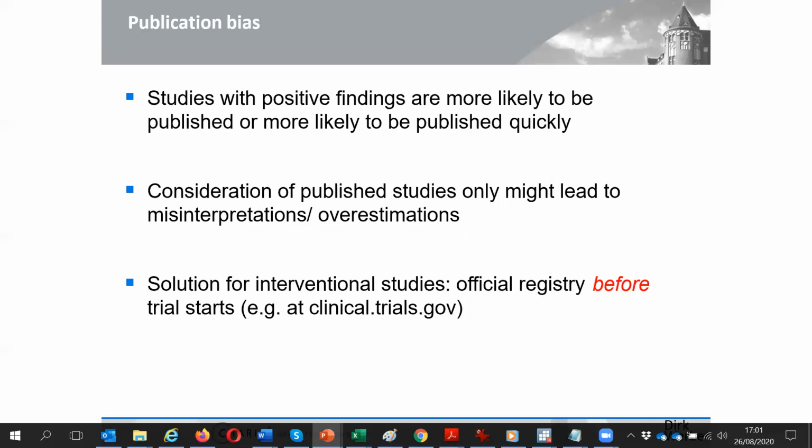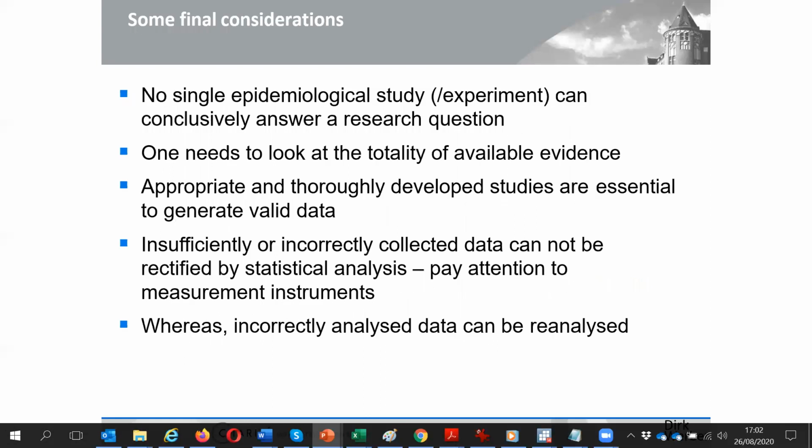So if you only consider studies which are published, this might lead to misinterpretations or overestimation. That's why in most cases, when you're doing a meta-analysis or a systematic review, you need to include both studies which are published and those which are not published, because there are several reasons why some studies are not published. Other people might decide not to publish studies because of several issues.